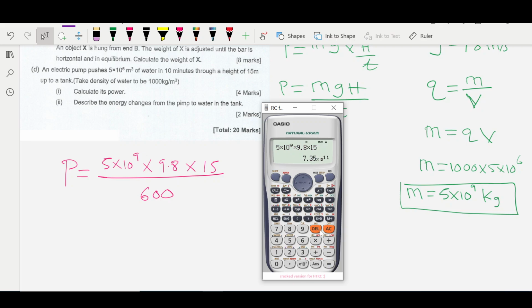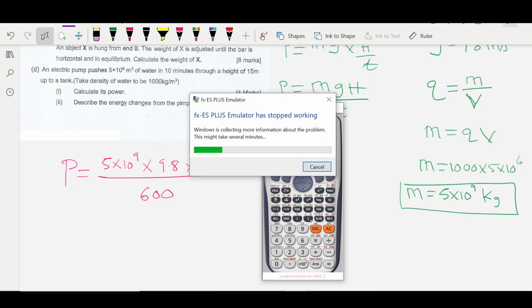Okay, so that, then divide 600. Okay, so we have that.